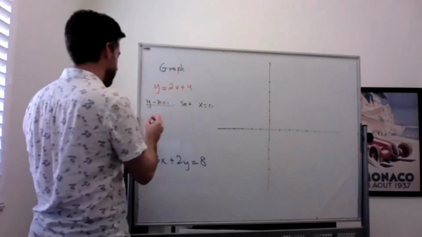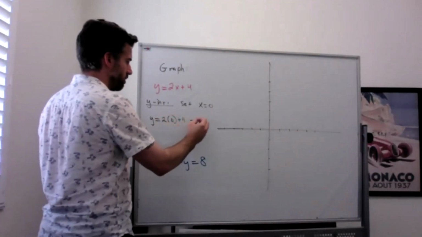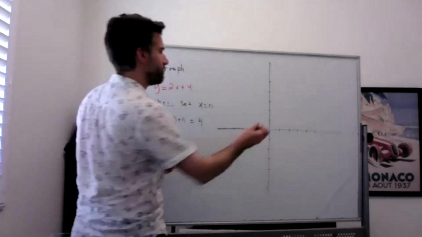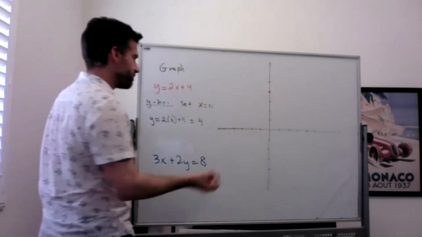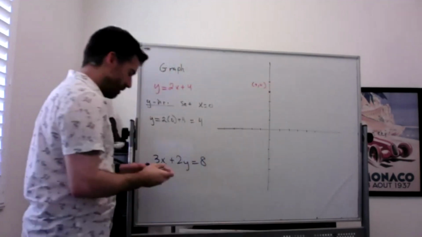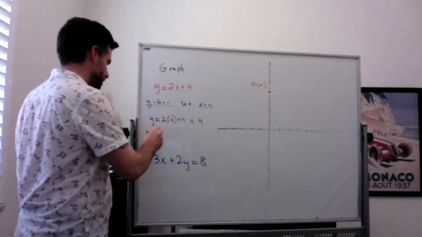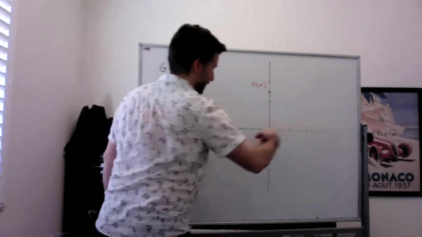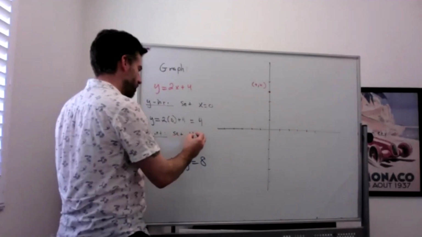So if I set x equal to 0, y equals 2 times 0 plus 4. Oh, y equals 4. Trying to use colors appropriately here. So there's my y-intercept, 0, 4. To find the x-intercept, we do the same sort of thing. To find the x-intercept, well, if I want to find where I am on the x-axis, I haven't moved up or down, so I'm going to set y equal to 0.